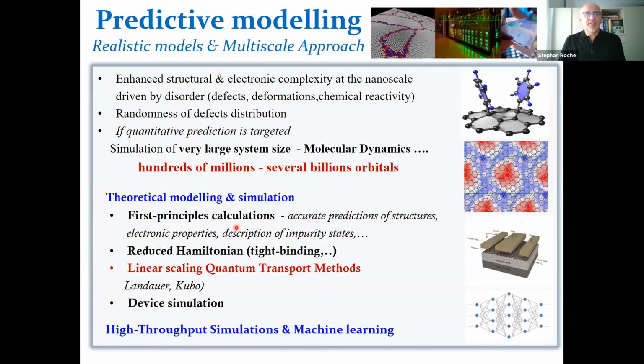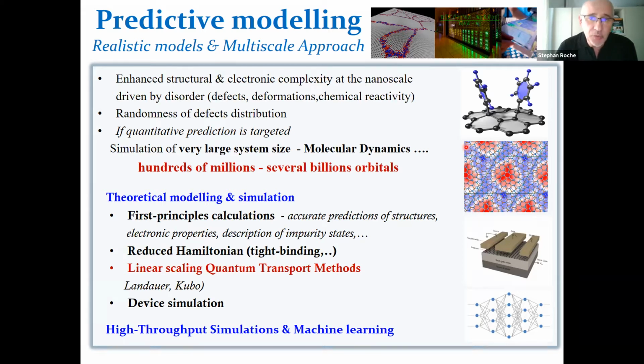Predictive modeling is something that we are developing in my group. What does that mean? We want to really take into account the complexity of chemistry. For instance, this is an illustration of a type of defect that is very damaging for graphene. So we need a high level of accuracy to capture those effects, and this requires investigating the structure, the relaxed, stable forms, and things like that.